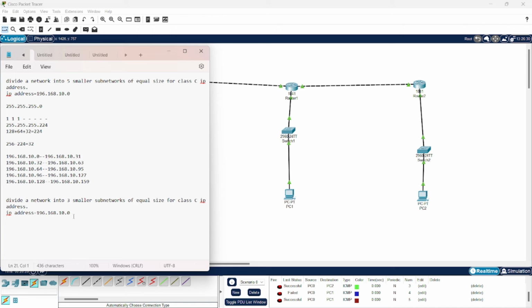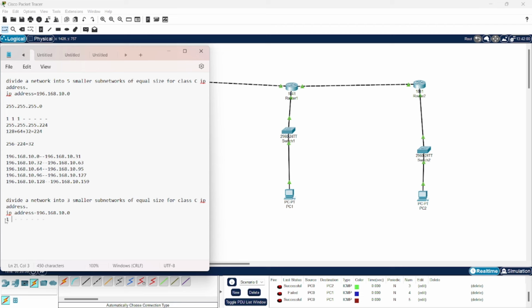So for that, earlier we reserved the first three bits because 2 raised to the power 3, that is 8, was the number that was just greater than 5. Now for three smaller subnetworks, 2 raised to the power 2, that is 4, is just greater than 3. So we reserve the first two bits as a part of the network ID.